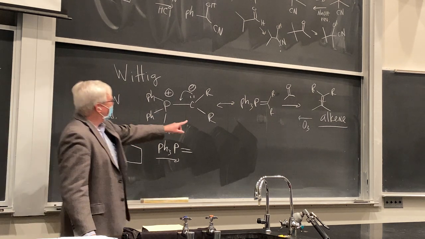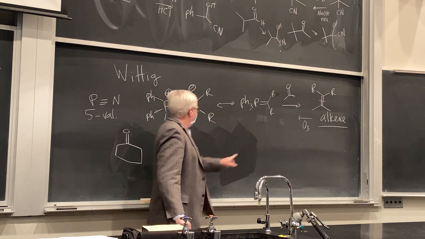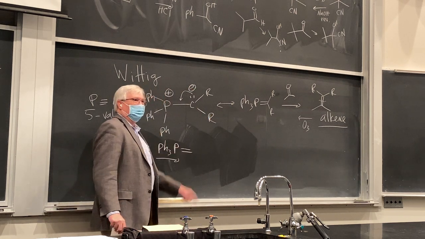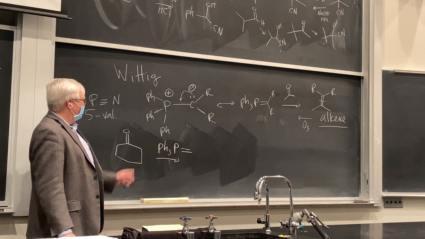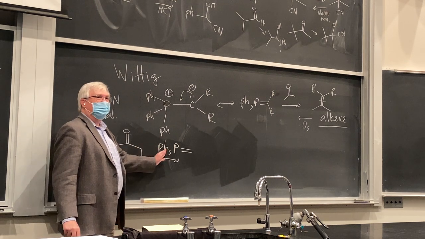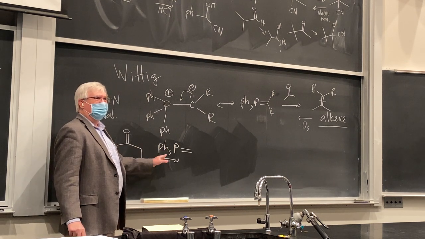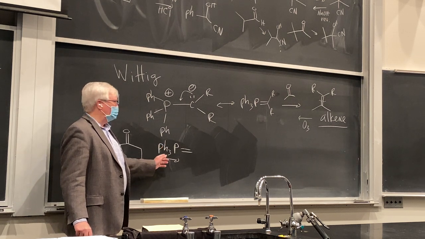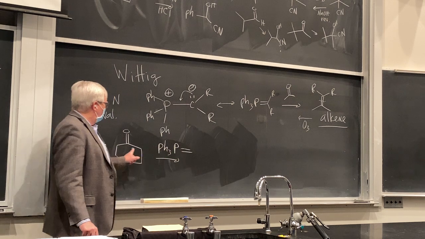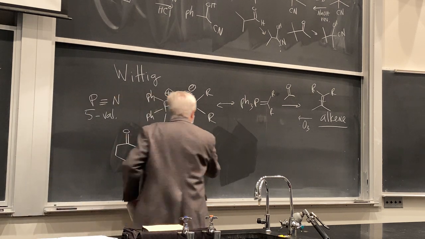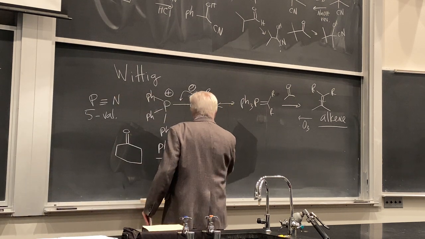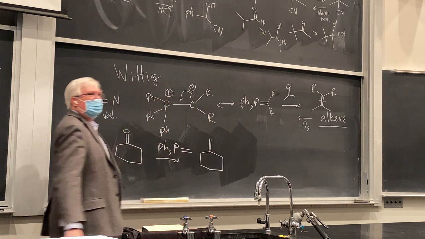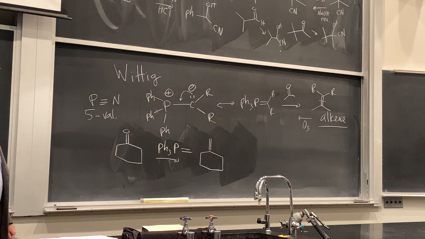Well, that's that resonance structure here where the two R groups are just simple H's, right? So if we react it with this, and it's a pretty simple reagent, the solvent has to be an inert solvent, no proton sources, usually THF, ether, or methylene chloride. So if I have this Wittig phosphorane, we're going to go to this product. You see, that's just the reverse of the ozonolysis, right?